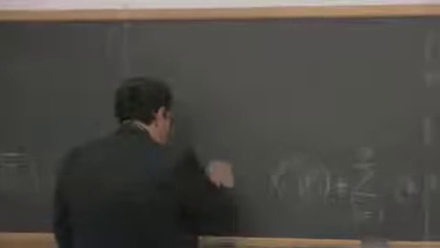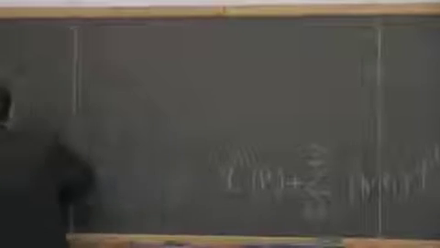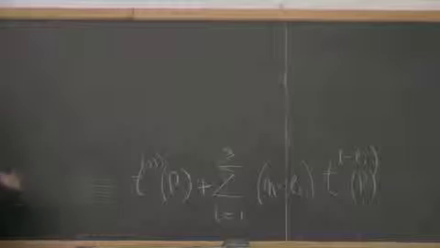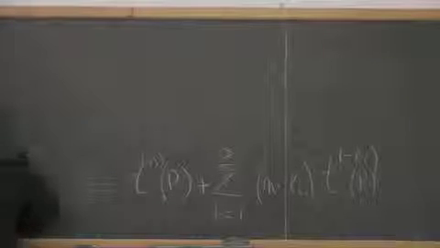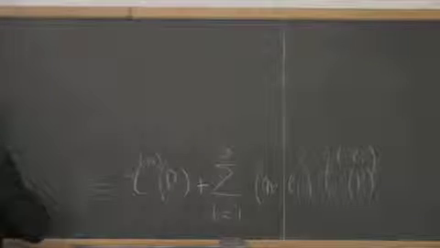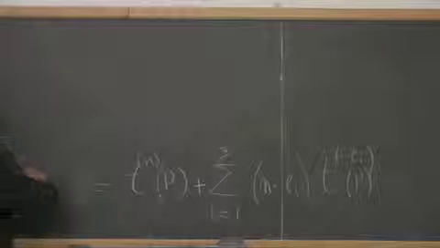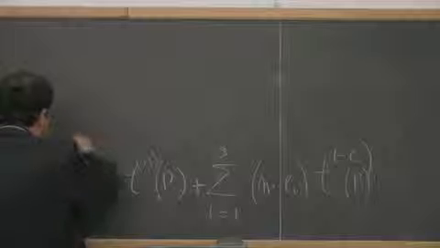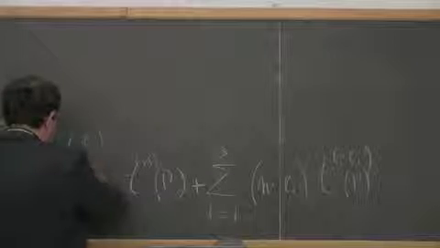Now, the crucial point here is the following. The crucial point is that you have minus the sum, i from 1 to 3, of n dot ei, t minus ei in p.